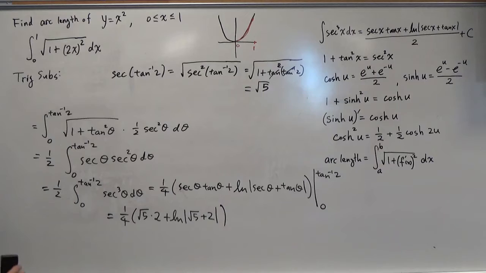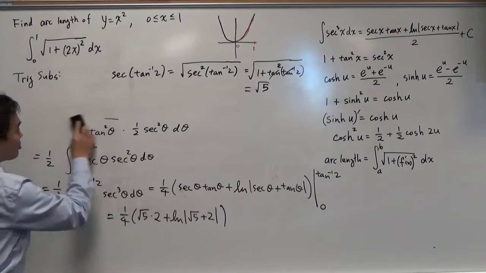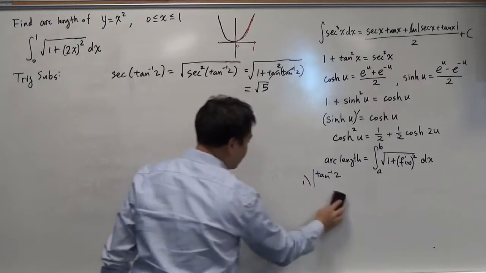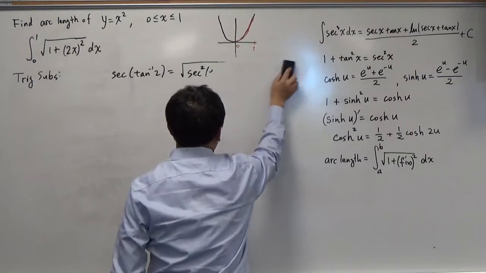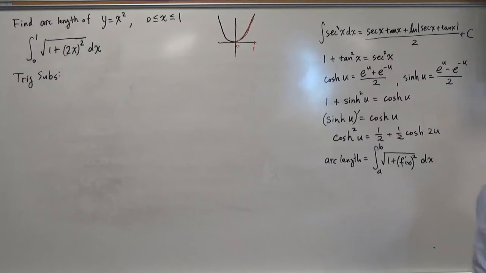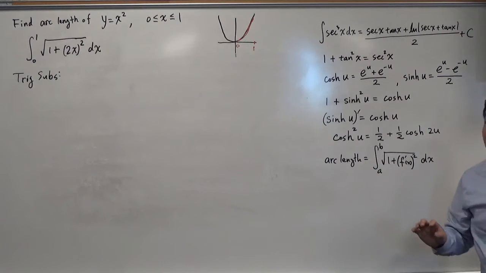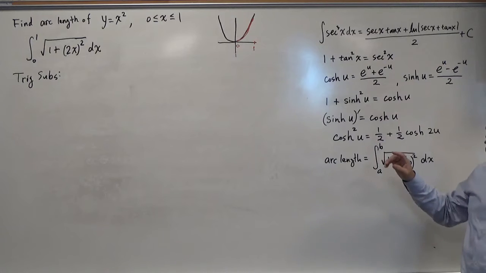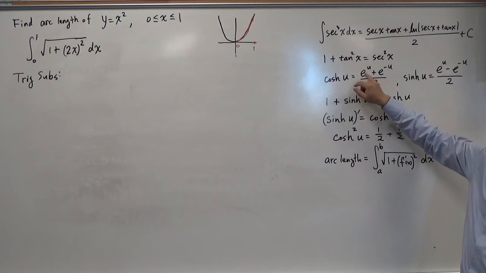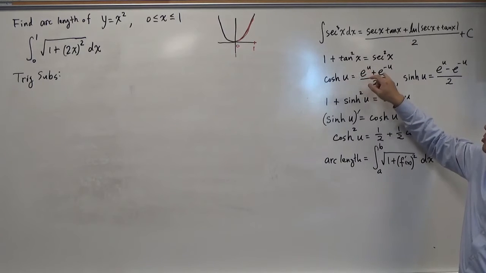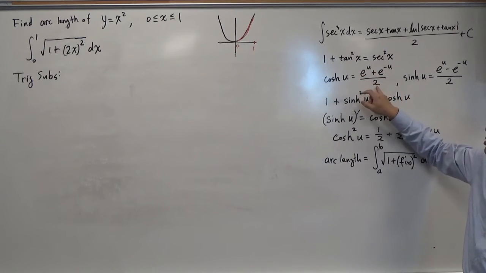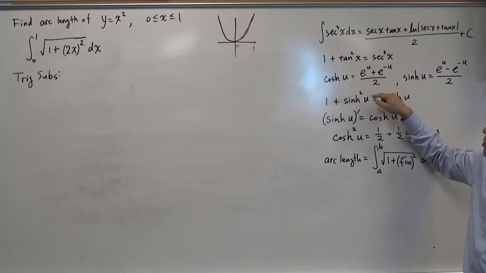Okay, now let's go for the hyperbolic functions. If you don't know what hyperbolic functions are, they're the even and odd parts of the exponential function. If you have any function, the even part is f of that value plus f of negative of that value, divided by 2, and this will be an even function.